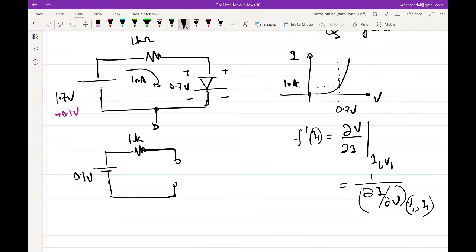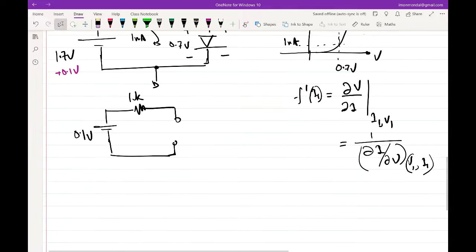A live example of that is the diode. In case of a diode, we know the IV characteristics. What is the IV characteristics of a diode? I is IS e power, in a forward bias condition, I can simply say VD over VT, as long as VD is much greater than VT.